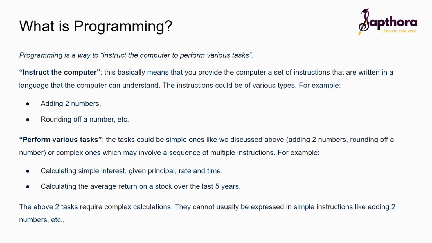So these are the instructions, but the instruction alone cannot become a task. So a set of instructions will become a task. The task can be a simple one, as we discussed now, or it can be a complex one, having different sets of instructions coming together, and that becomes a task, right? Hope you understood about programming.